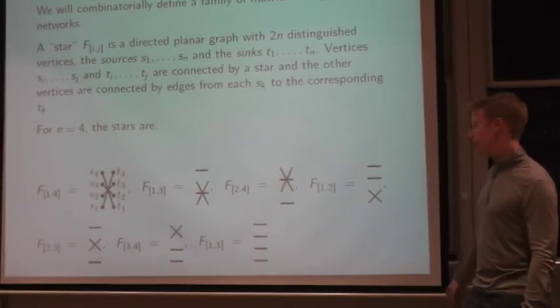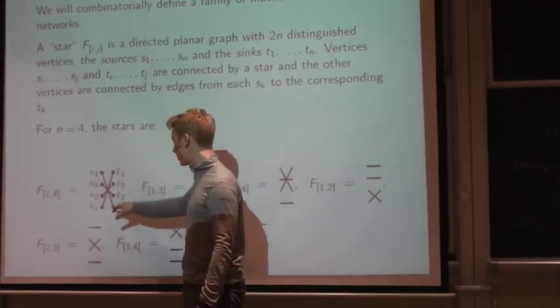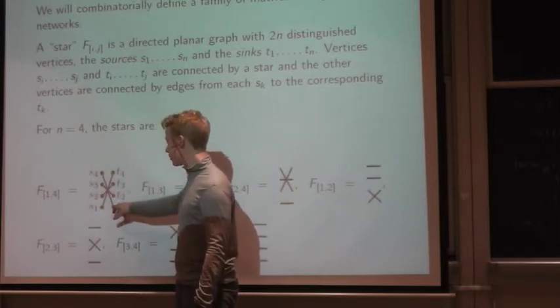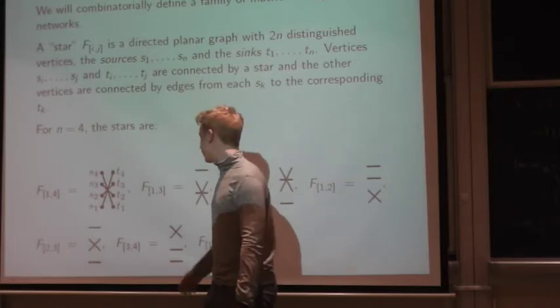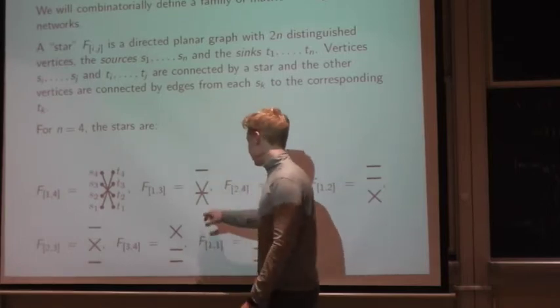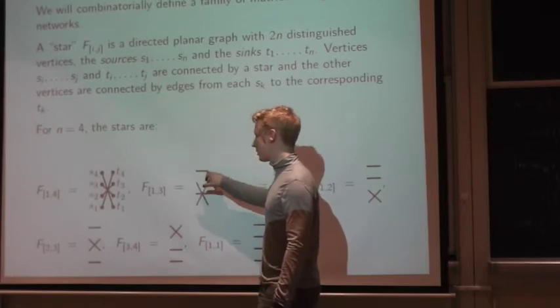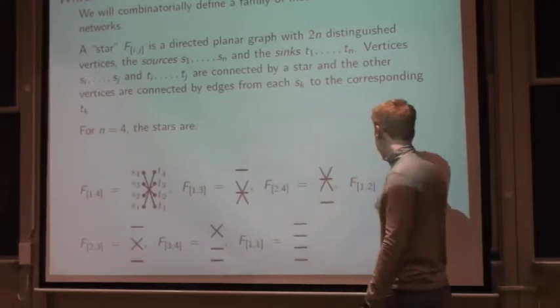So here's all of the stars for n equals 4. This would be the whole star, 1 through 4: we connect sources 1 through 4 and sinks 1 through 4 with a big star. Or the 1,3 star: we connect sources 1 through 3 and sinks 1 through 3 with the star, and then the other source and sink, which is only one pair, we just connect to each other, and so on.